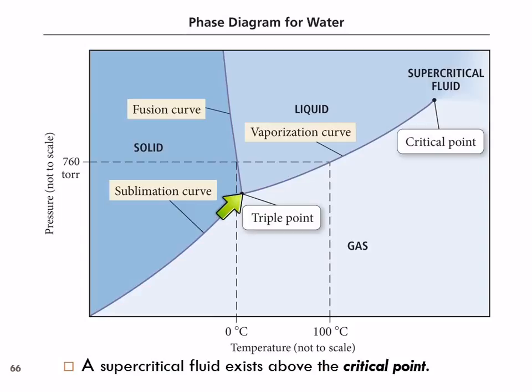This is the triple point where ice, water, and water vapor are all in equilibrium with each other. And this is the point, the critical point, above which you have a supercritical fluid. The line stops here because above this point, you don't have a separation between a gas and a liquid. Any questions?